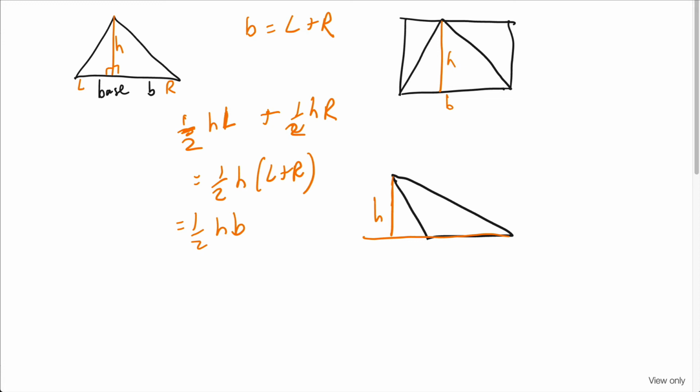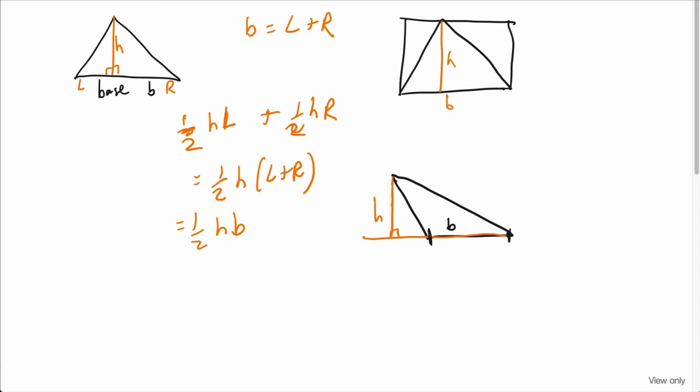Now the base is no longer the base of this big rectangle, though. It's the base of that triangle from here to here, right? That's the base. Base times the height. The height is no longer hitting the base, it's hitting this other extended line segment from that base.